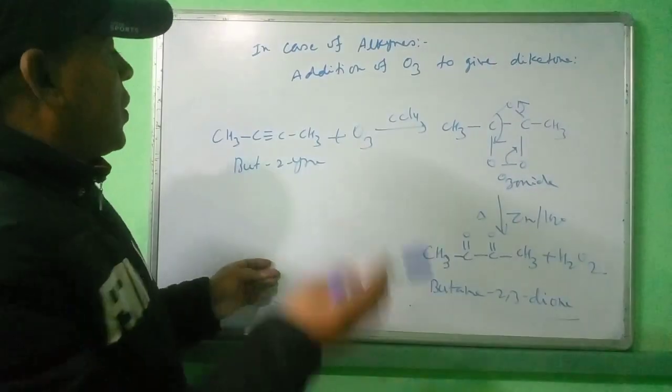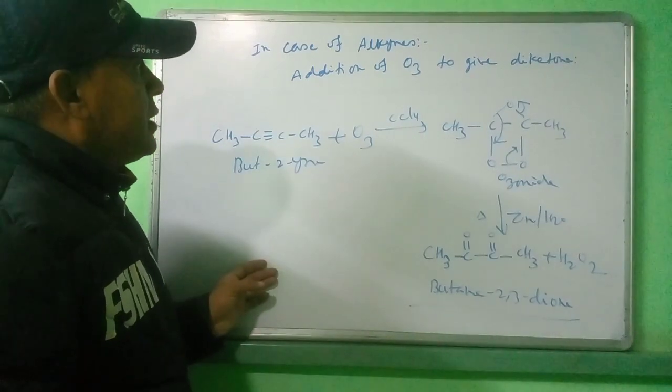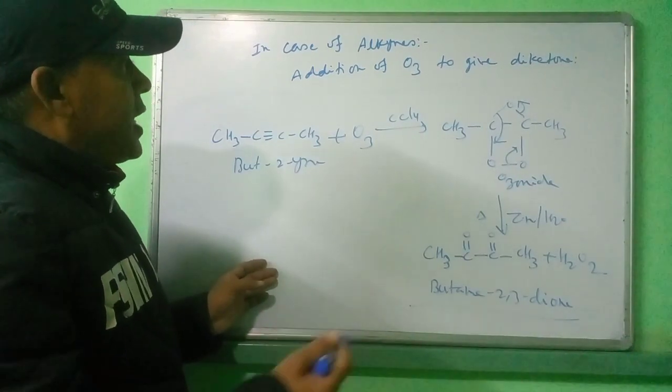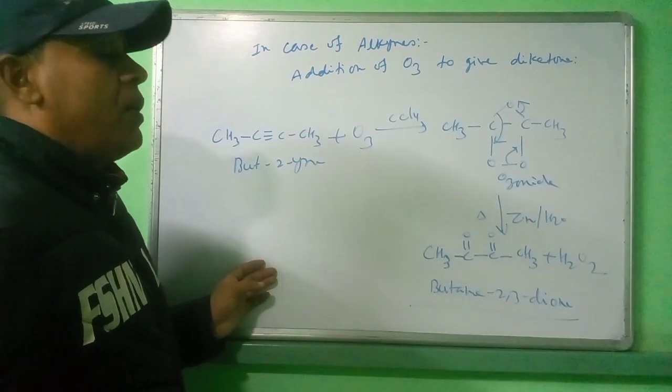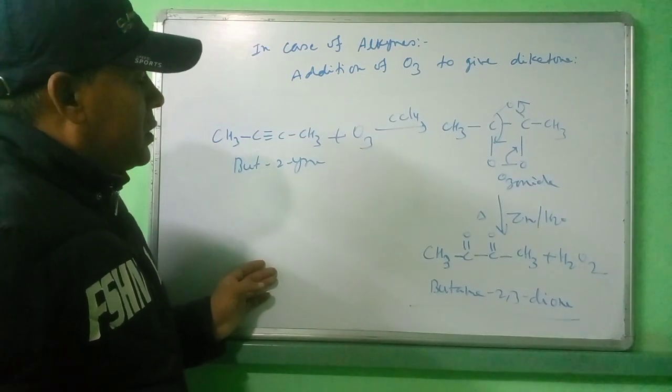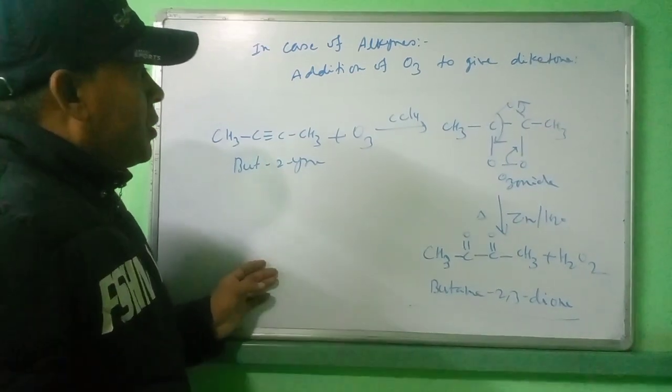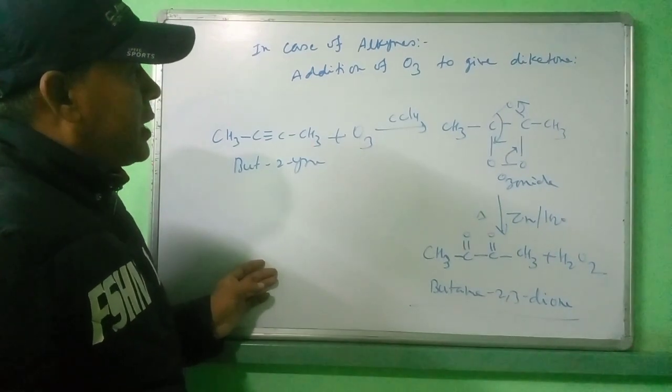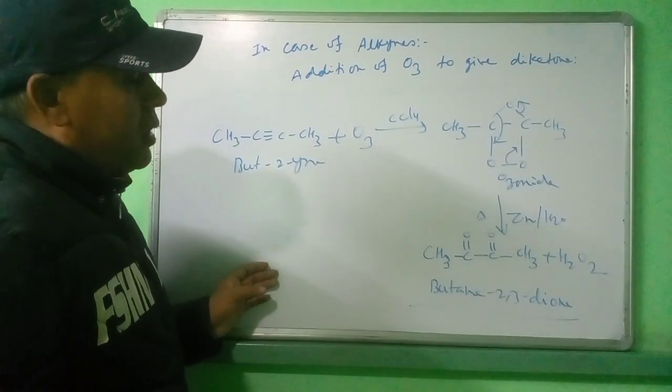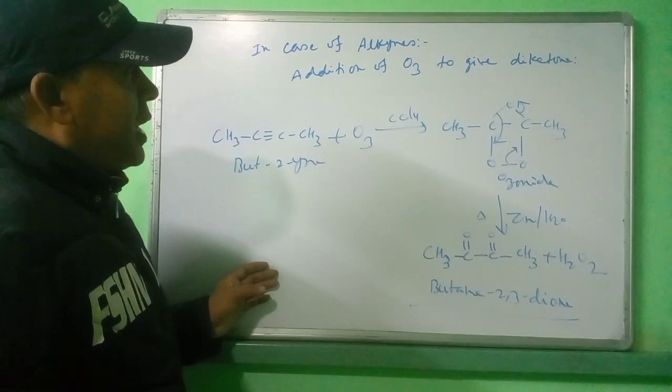Okay guys, so the ozonolysis reaction is used for the preparation of aldehydes and ketones. So we can get the carbonyl compounds. So that is one of the uses of the ozonolysis reaction.